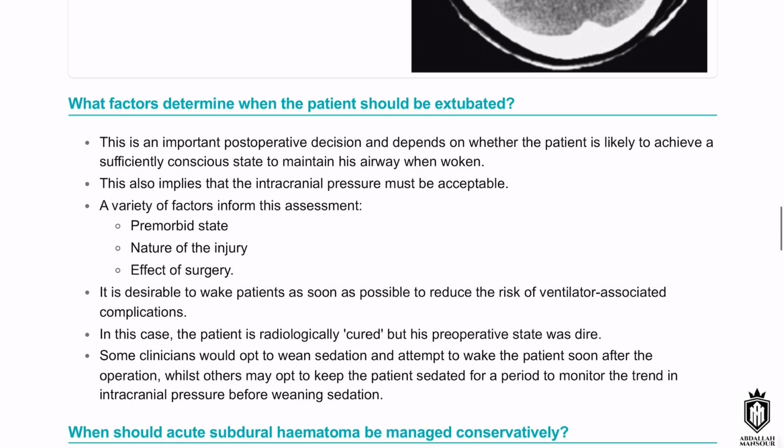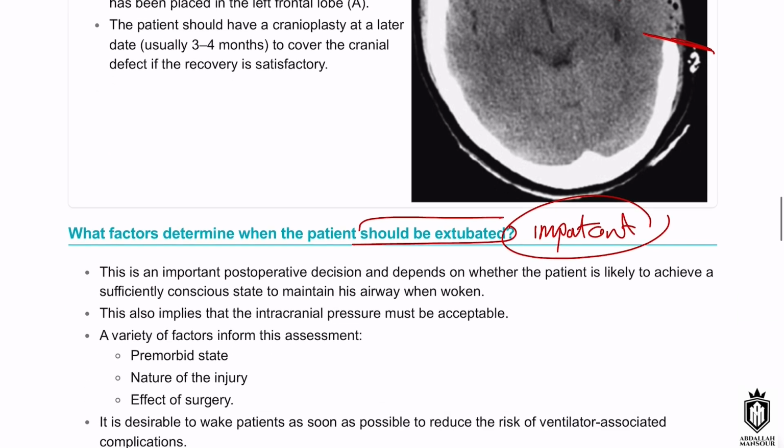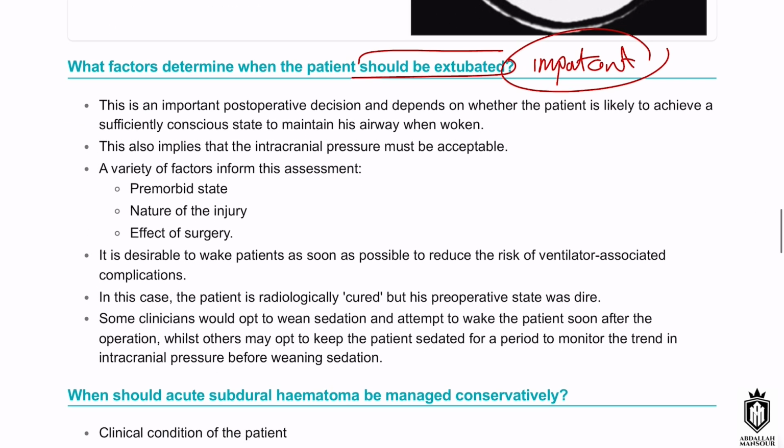What are the factors that determine when the patient should be extubated? This is an extremely important question that can arise after the surgery. Are you going to extubate this patient immediately after the surgery, or are you going to get an ICP monitor placed and then consider extubating at a later date?